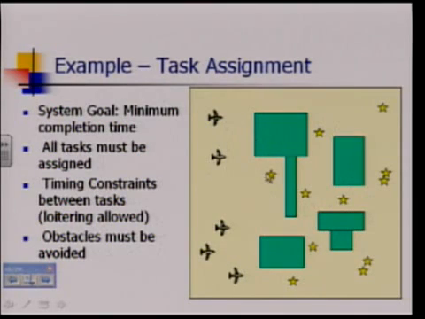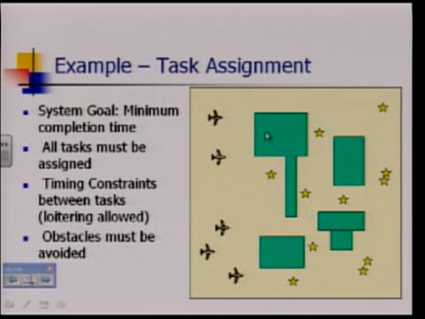Well, no. What I'm saying is, all these stars have to be covered. You have to design which plane flies which paths to cover which star, so that overall the mission completion time will be minimized.